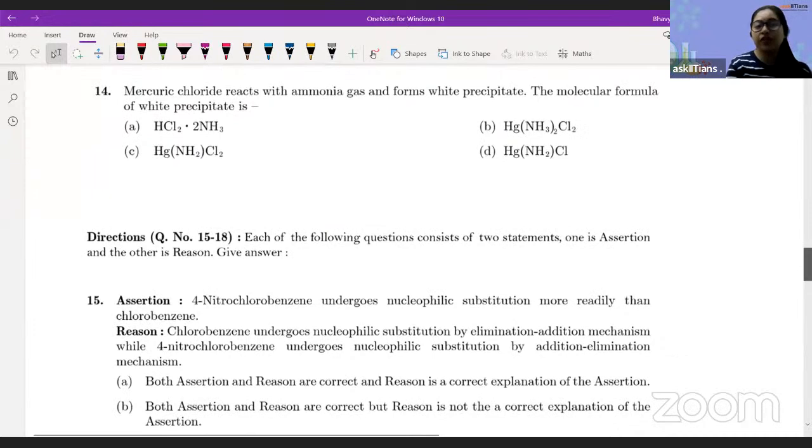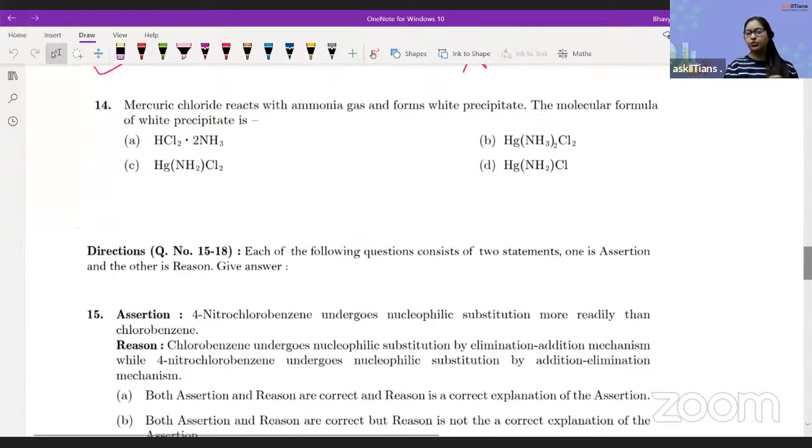Then 14th question is mercury chloride reacts with ammonia gas and forms white precipitate. The molecular formula of that white precipitate will be Hg. So when we see a question like this, that there is mercury chloride reacting with ammonia gas, have you seen anything of such sort?